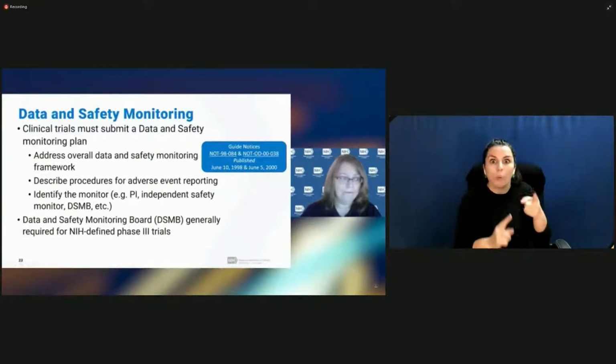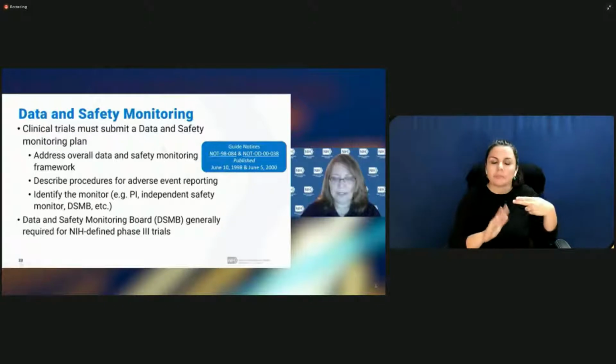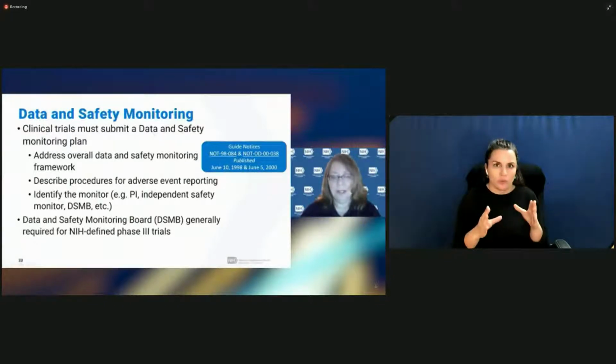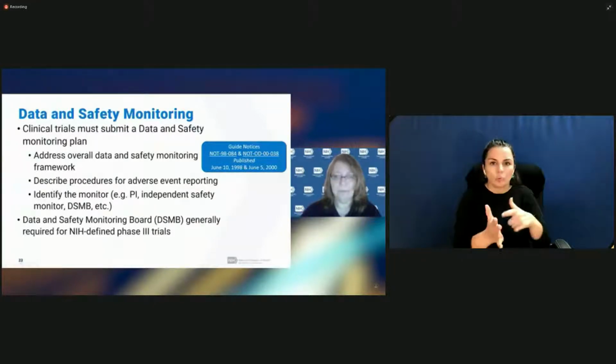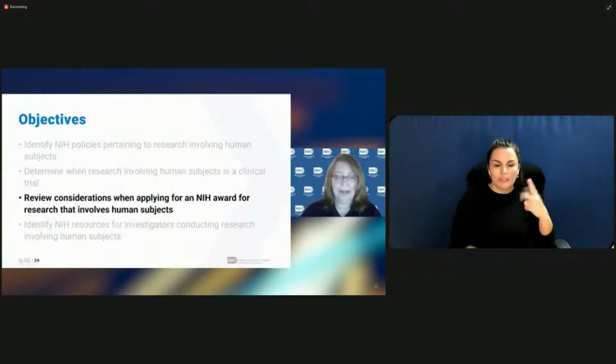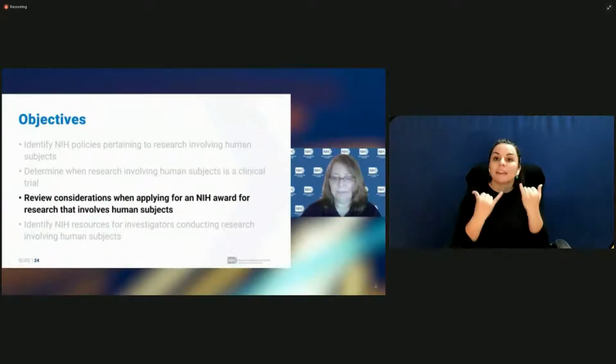It might be a PI for very minimal risk studies. It could be an independent safety monitor, or it could be a DSMB, or a data and safety monitoring board. And DSMBs are generally required for NIH-defined phase 3 trials. And with that, I'm going to turn it back over to Lindy.